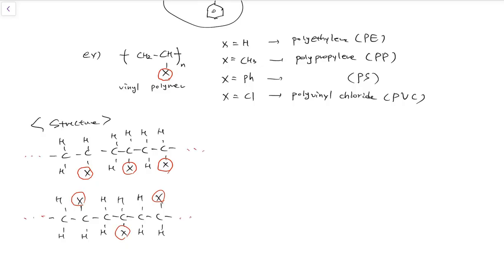Or the position of X could be just random.